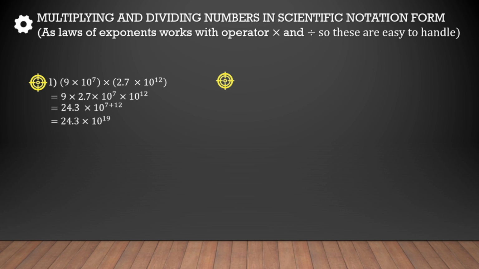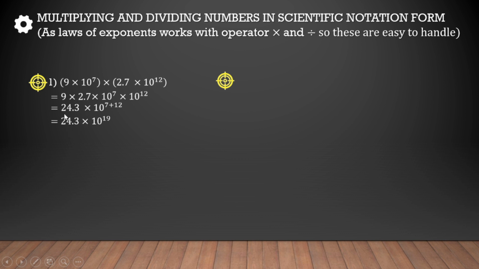Now this is not in scientific notation form. So this decimal has to be shifted backwards. Whenever the decimal is to be shifted backwards, we need a 10 in the denominator. We must divide because we are shifting it towards the left. Okay, and one more logical way: this is 24.3.